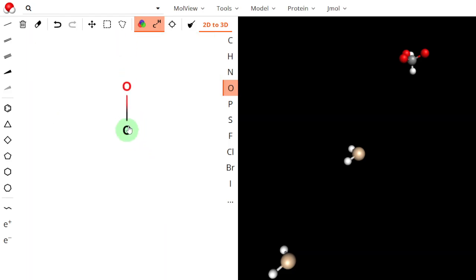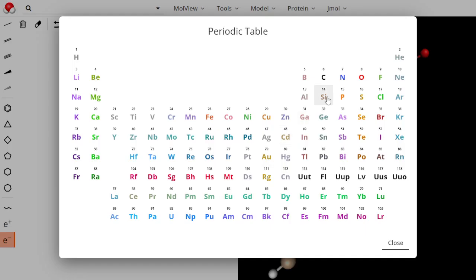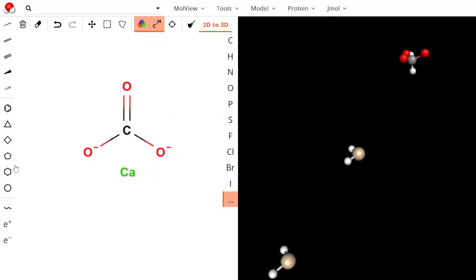Now, don't zoom in. So if we take these, and then we W up, minus, we take the calcium, put it here, double charge it, then we have calcite.